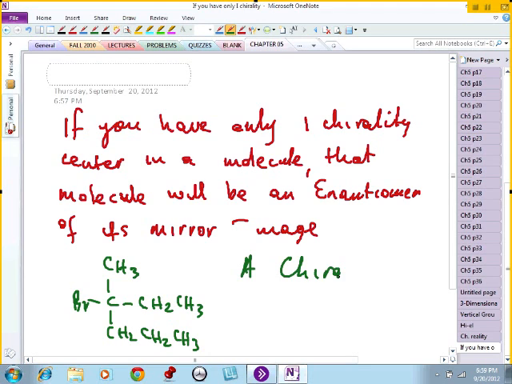A chiral. In other words, molecules that do not superimpose on their mirror images are called chiral molecules. Okay? Let me write that again.